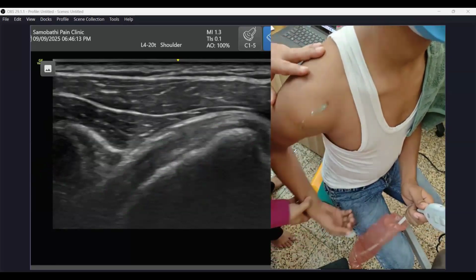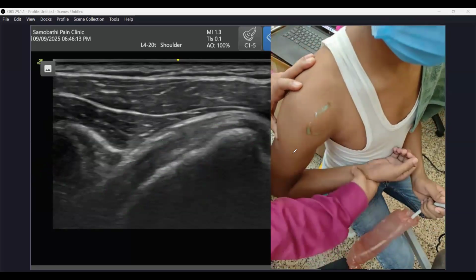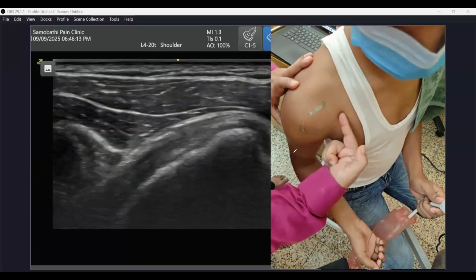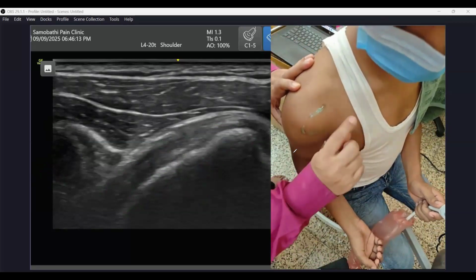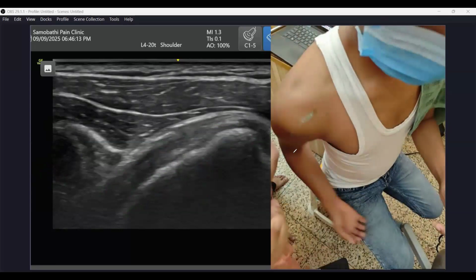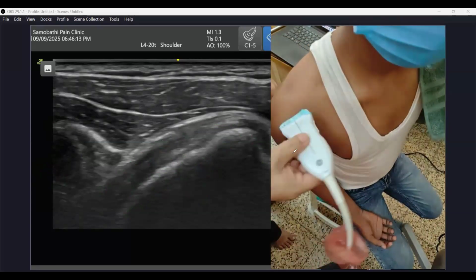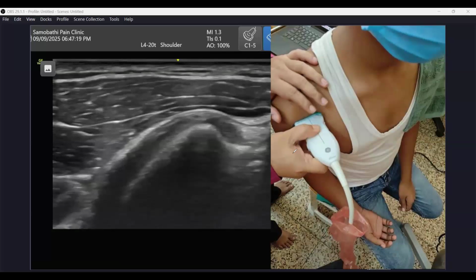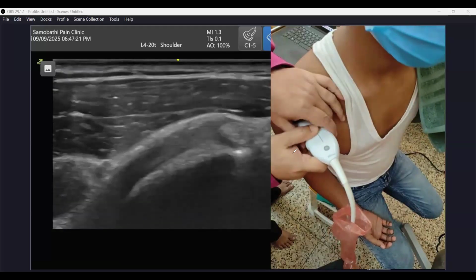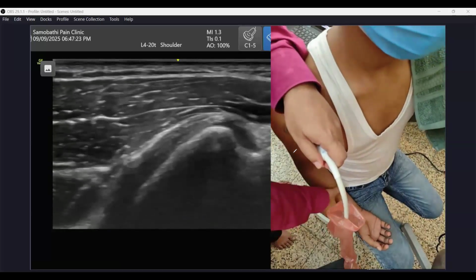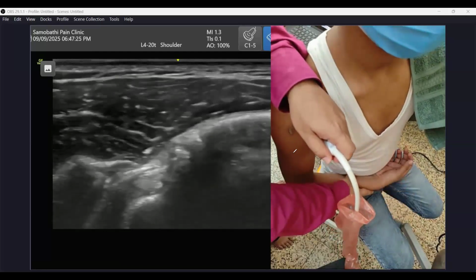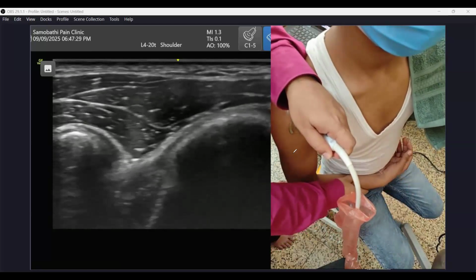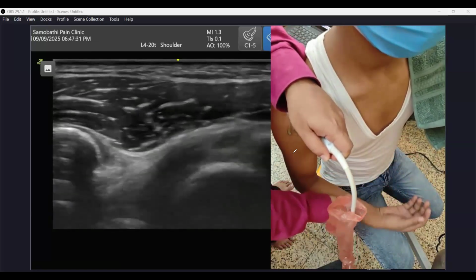Similarly, when he does the internal rotation like this, then the lesser tuberosity can go under the coracoid and there can be a rubbing. That is the cause of subcoracoid impingement. So see how it rubs.